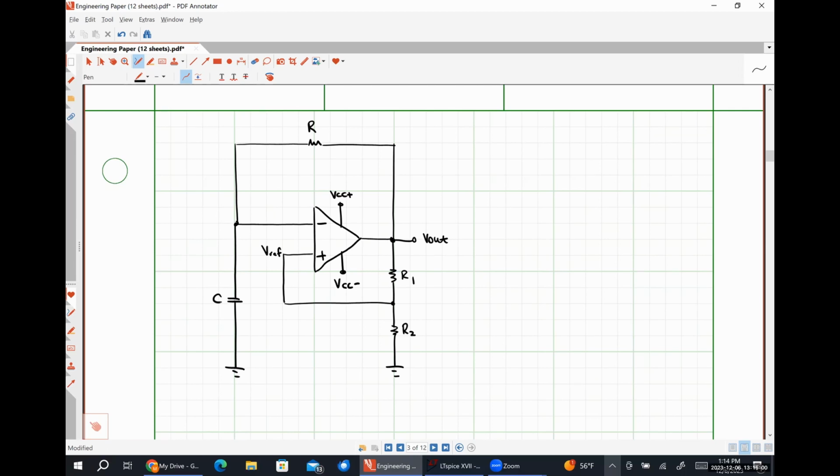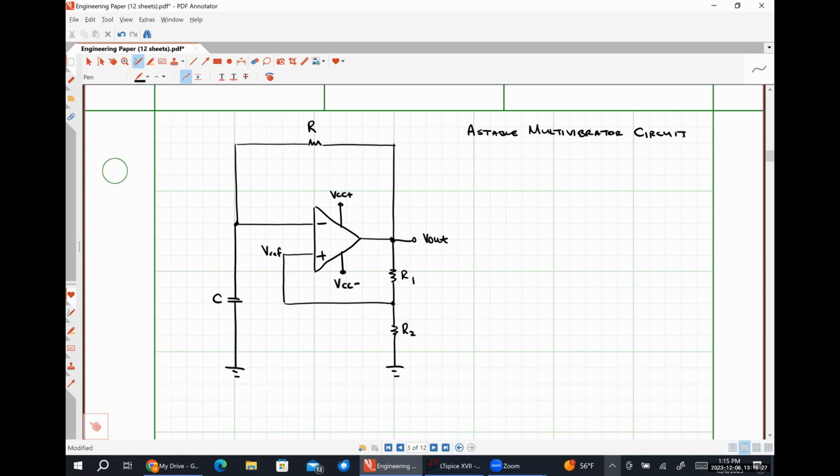So because I forgot to put a name on this, this is an astable vibrator circuit. Anybody know what astable means?